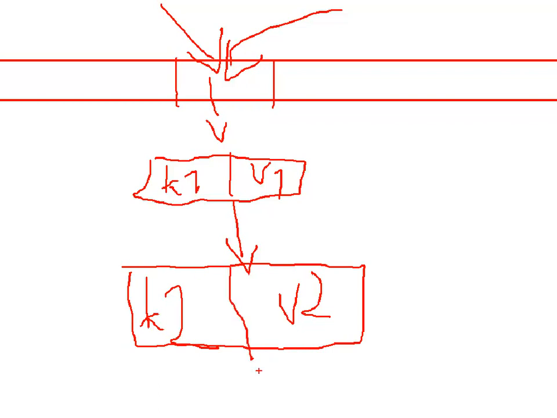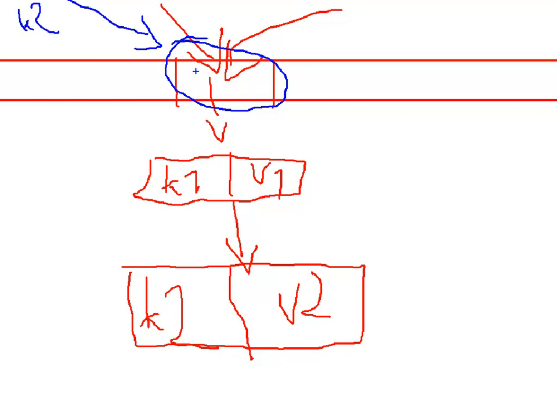When you have a collision, when you know that at this position you have more than one thing, you know the key you're looking for, so you just search through these elements. You do the hashing function on the key you're looking for, you go to this position and start searching. Okay, we have two keys. Which one of them matches the one I'm looking for? For example, I'm looking for K2.